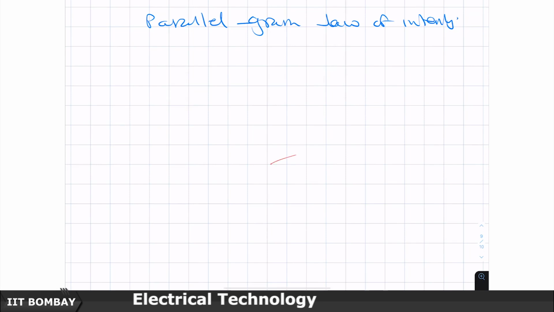What I can do is, first sinusoid I will show in a vector form, second sinusoid I will show in its own vector form. I will then apply the parallelogram law and get the resultant vector C at an angle phi.